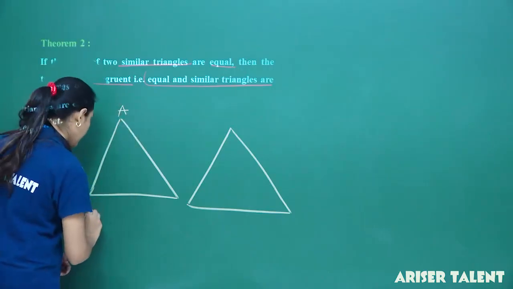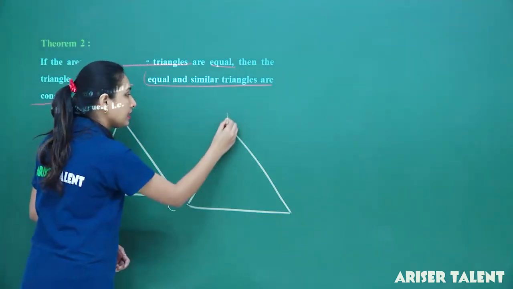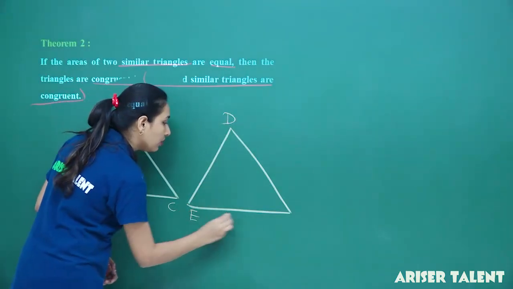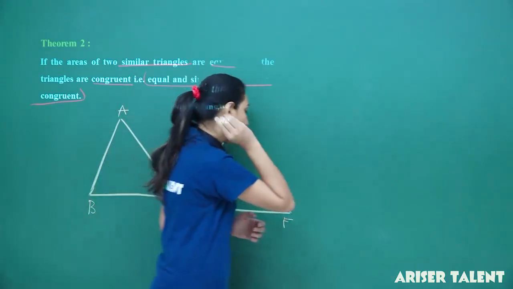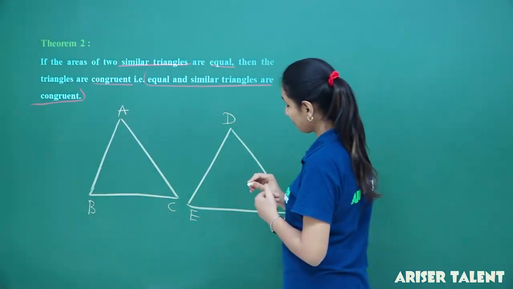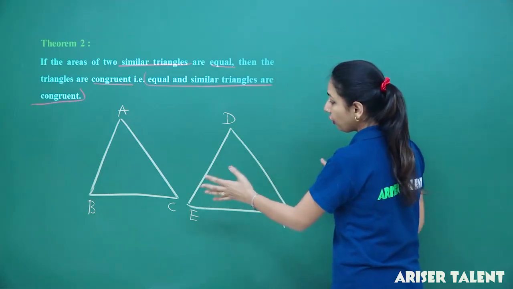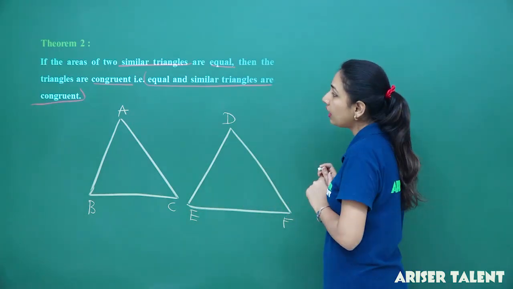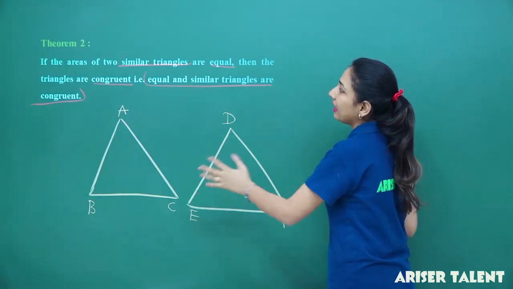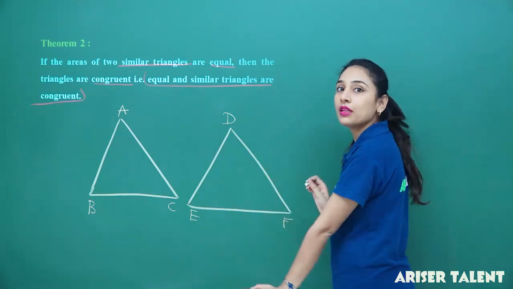Mark them A, B, C, D, E and F, like you always used to do with me. Okay. Now, we have drawn these two triangles. Now, it's saying that the areas of these triangles are equal.